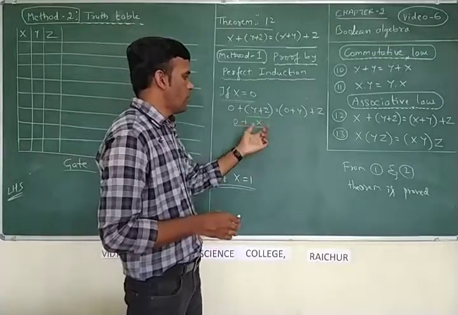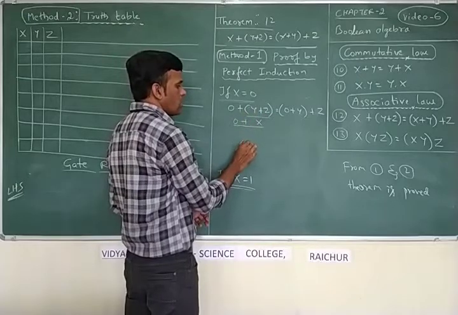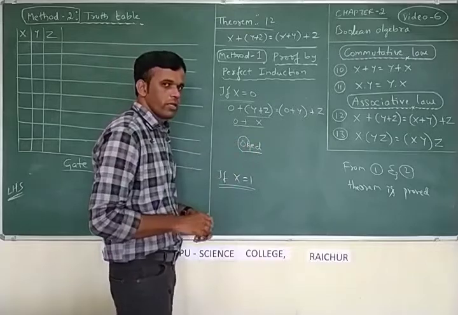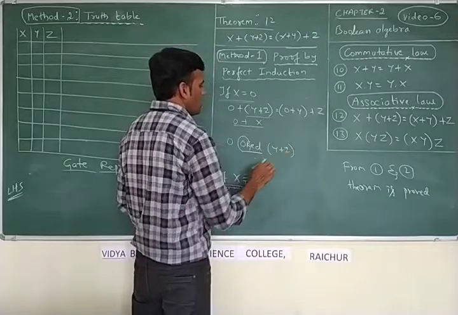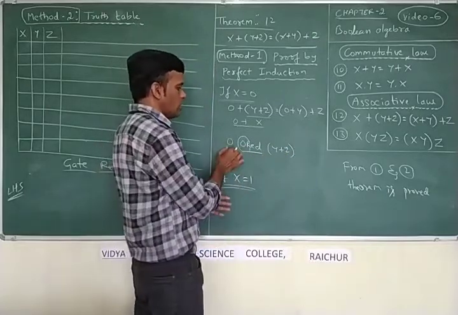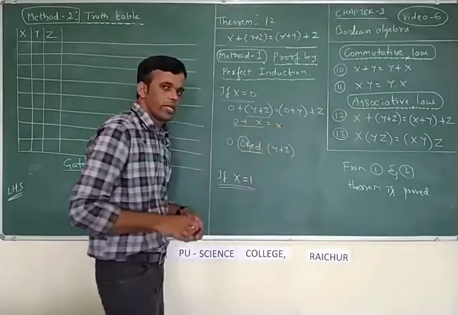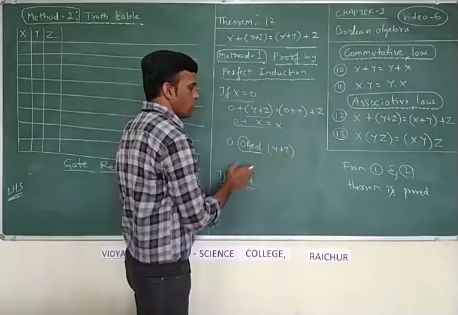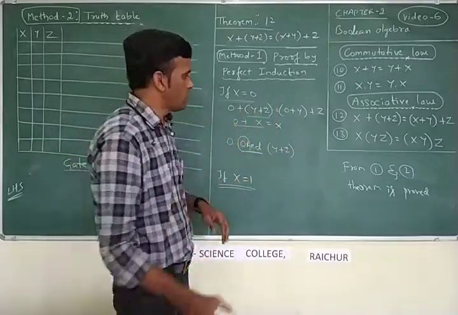So in the same way, this part when it is ORed with the other part, so 0 is ORed with this one, y plus z. So it's an OR operation. So now it is 0. Now it depends on this part. So 0 plus x is x, we already know. So in place of x we are having some expression. So 0 plus that one is going to be this one only, y plus z. So or else we can see it in another way.